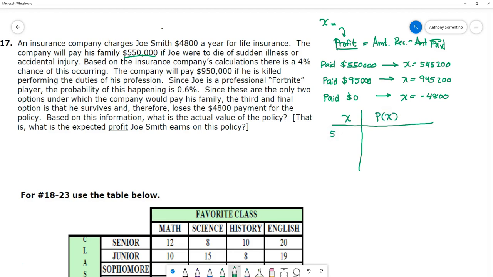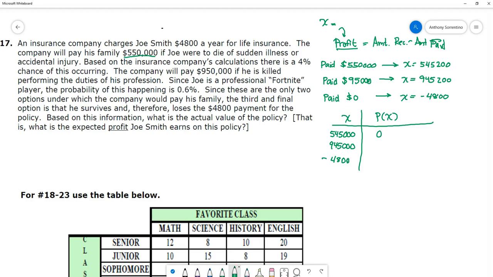So basically to get $545,000, if he dies of sudden illness or accidental injury, they said, based on their calculations, there was a 4% chance.